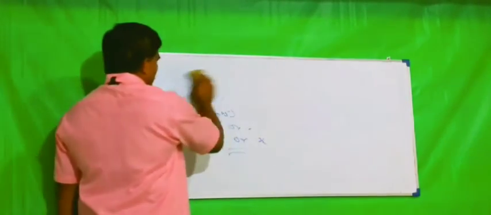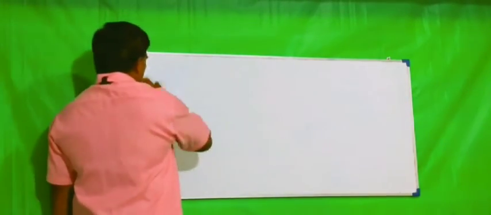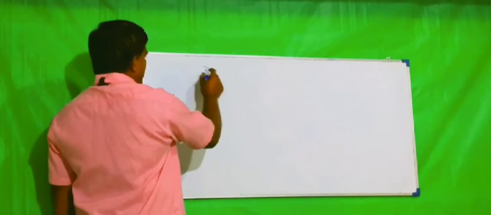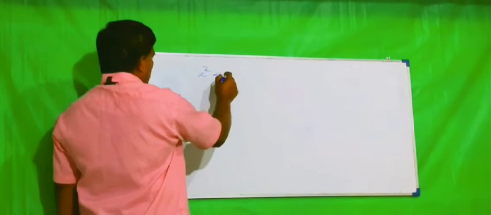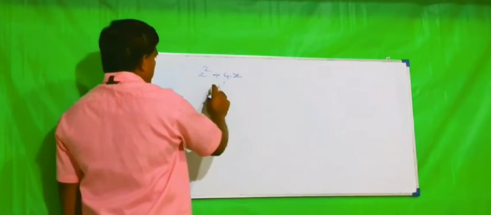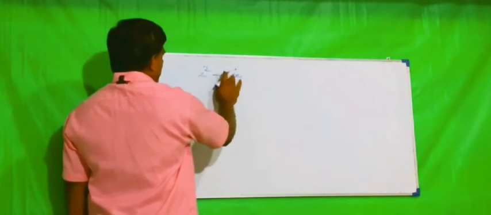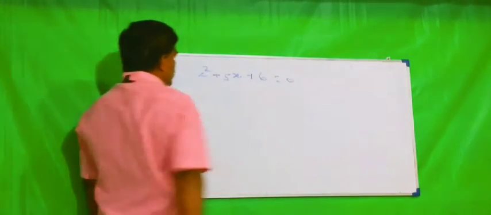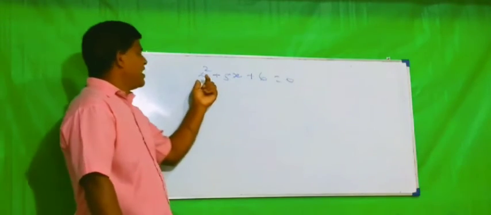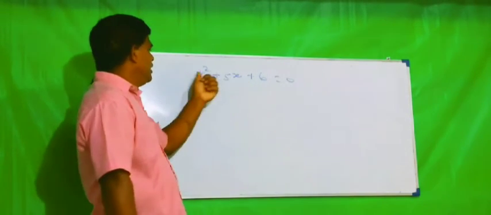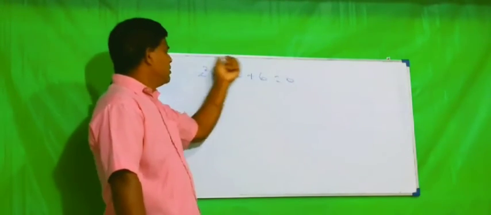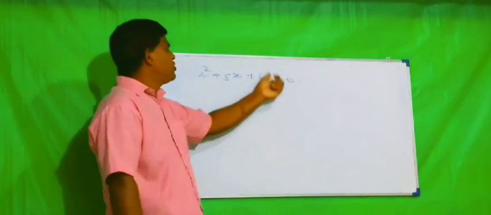So I'll take another quadratic equation beyond the difference of two squares. Here I take x squared plus 5x plus 6 equals 0. Here there are three terms, which can be expressed as a trinomial expression on the left side.